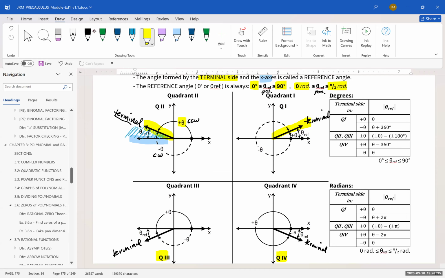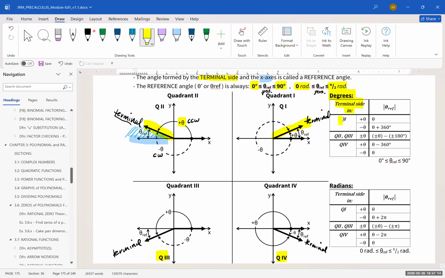I tried to simplify these as much as possible, and to make them as consistently the same as I could. So you'll see in this table that if you're working with an angle in degrees, check and see where the terminal side is.